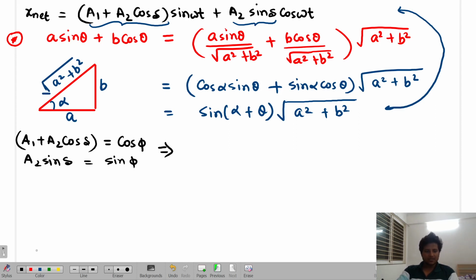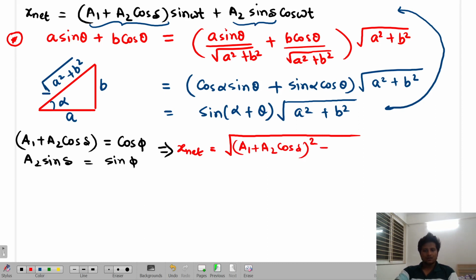This implies that the x net becomes what? X net will be equal to root under (a1 plus a2 cos delta) whole square plus (a2 sine delta) whole square, or not.